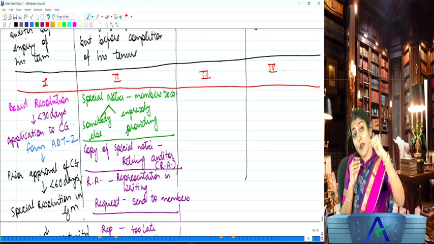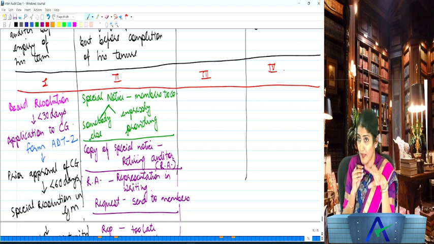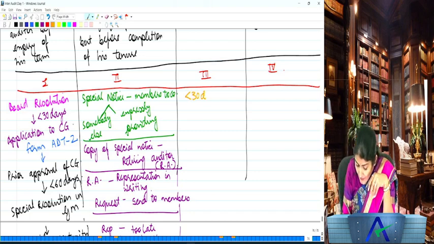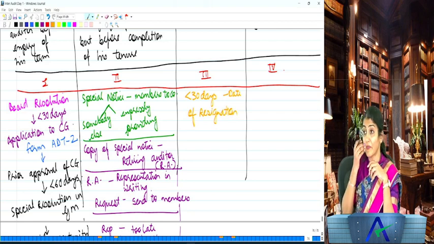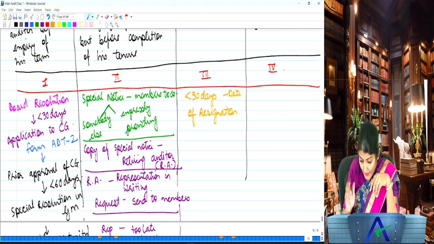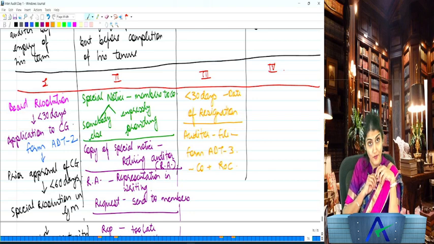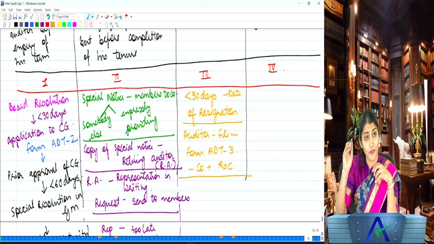Right. So once the auditor of the company resigns, within 30 days from the date of the resignation, the auditor has to file form ADT3 with the company and the ROC, the Registrar of Companies.